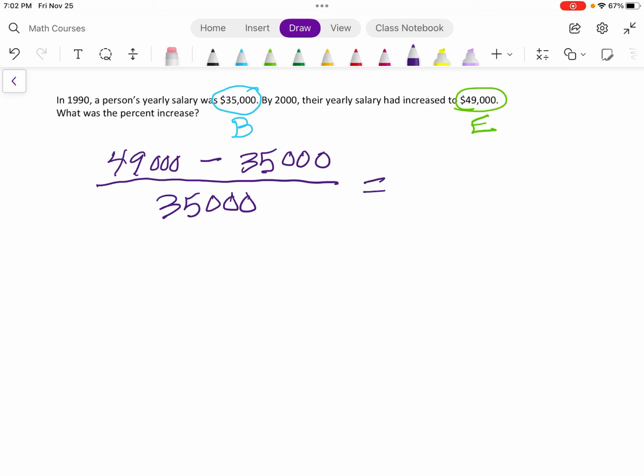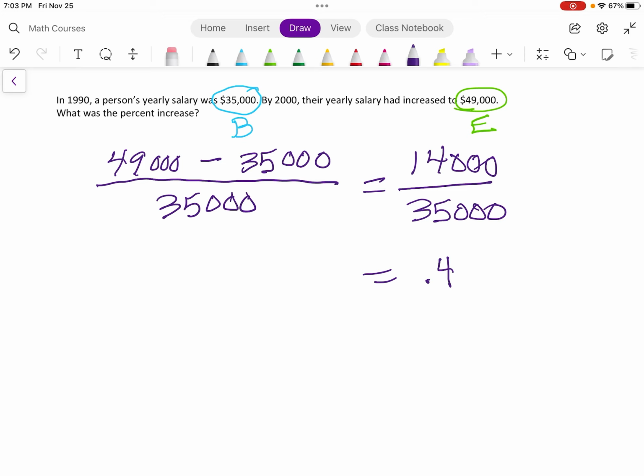So when I subtract 49,000 minus 35,000, we get 14,000. And we put that over our original amount. And then in our calculator, we divide 14,000 by 35,000. And that gives us 0.4.